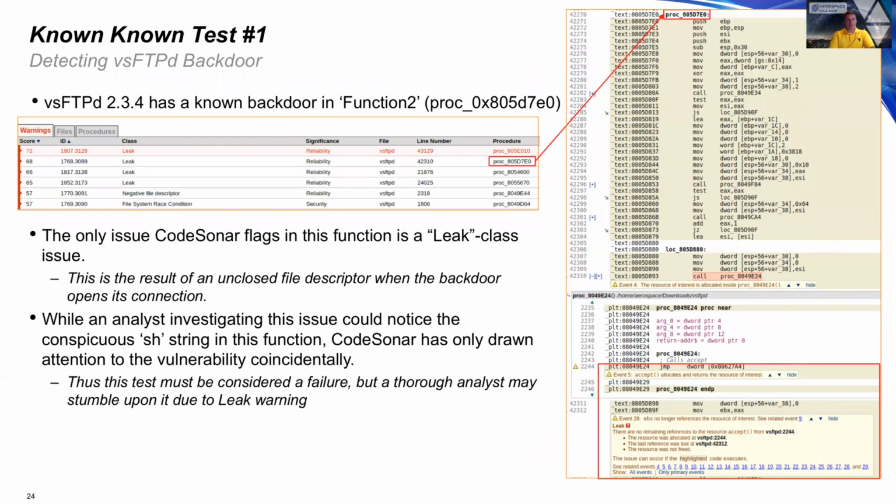So what about the known tests for CodeSonar using that same binary, the VSFTP 234? It flagged something, and it wasn't directly flagging the issue, but it got you close to the issue. If you did thorough analysis, you would have more than likely picked it up.